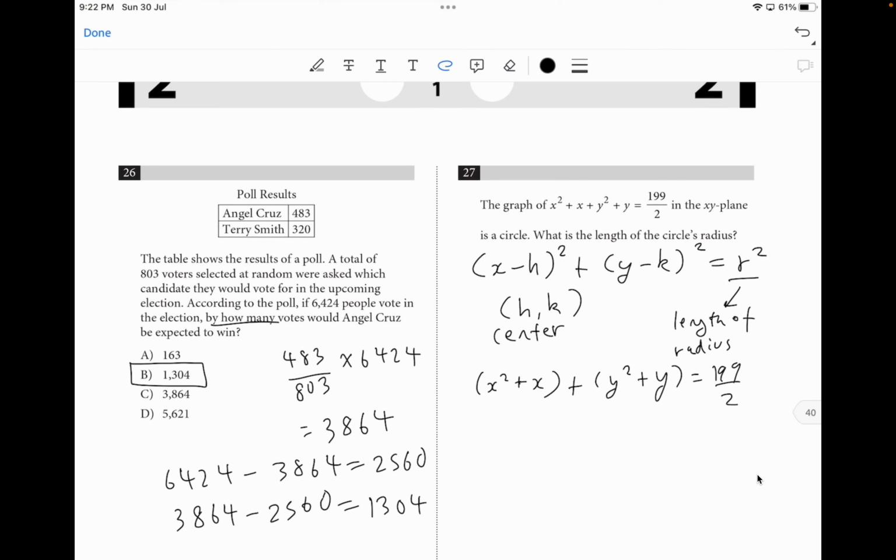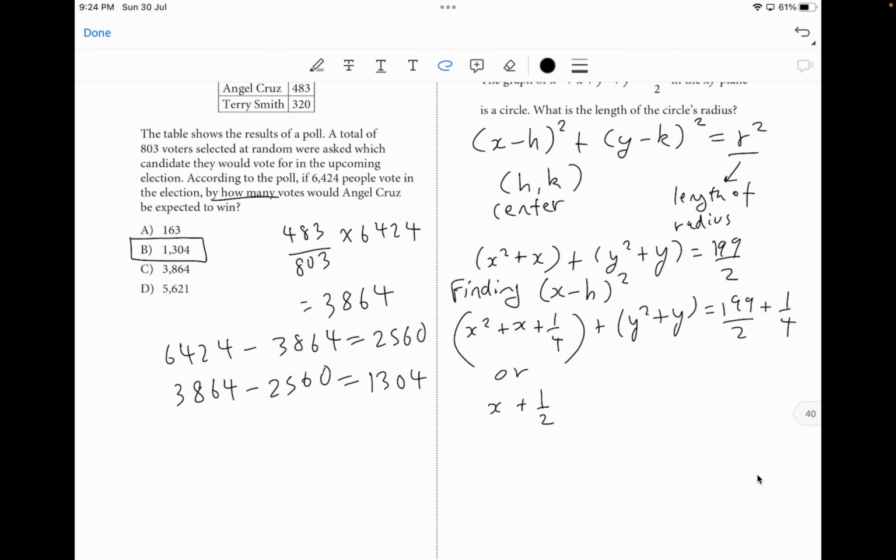You can write it down as x plus half, since we know that the half of the coefficient of x, which is 1, is half.